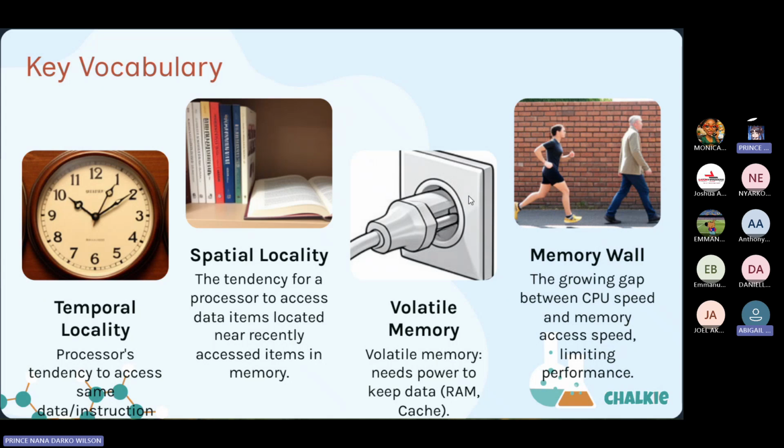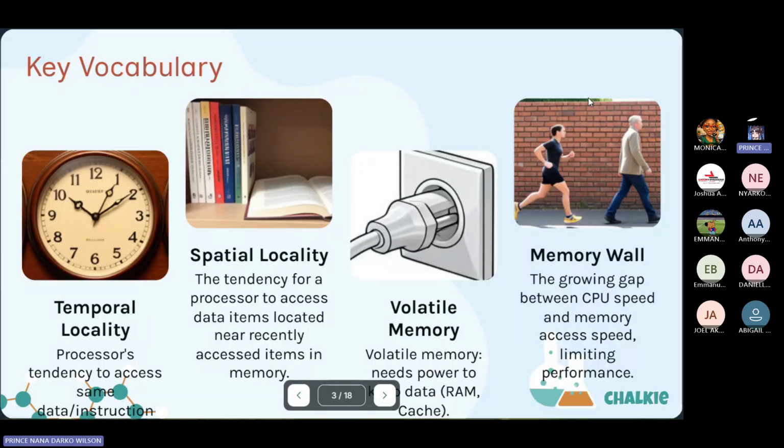Whereas spatial locality is demonstrated when data items that are located close to each other are frequently accessed. So it has to do with space. Then we have volatile memory.